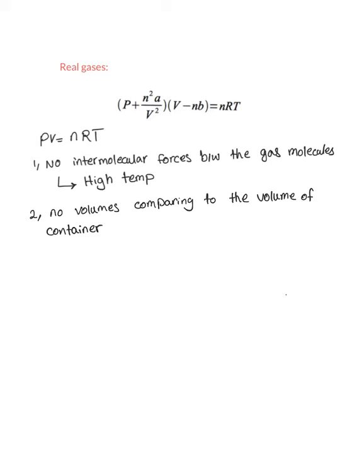So basically their volumes are negligible, and that is obtainable at very low pressure, because at very low pressure, or in other words, at very high volume, we can ignore the volumes of the gas particles.